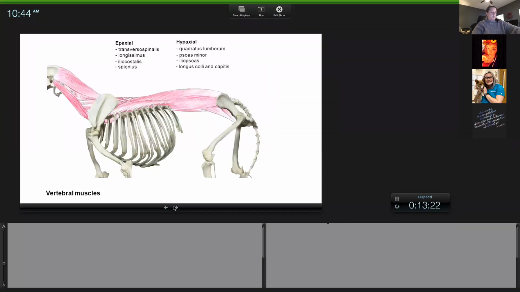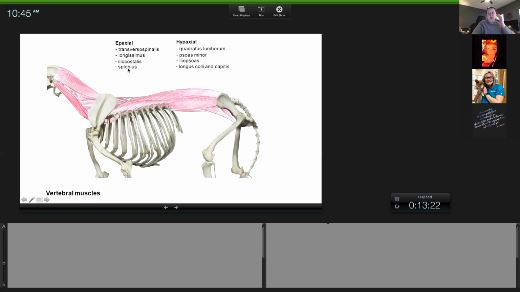Okay. Now this one was not in our PowerPoint from class, but I have to talk about the epaxial group. It's listed on your study guide. The epaxials are the other muscles of injection. And normally the epaxials are made up of transversospinalis, longissimus, iliocostalis, and splenius.